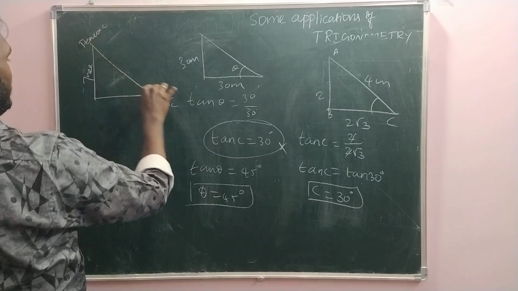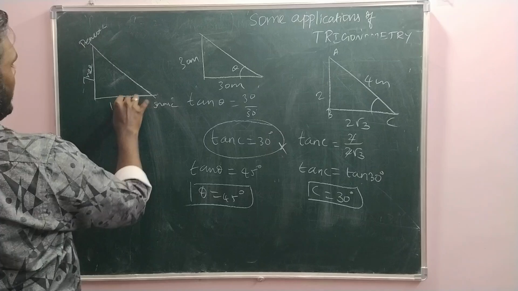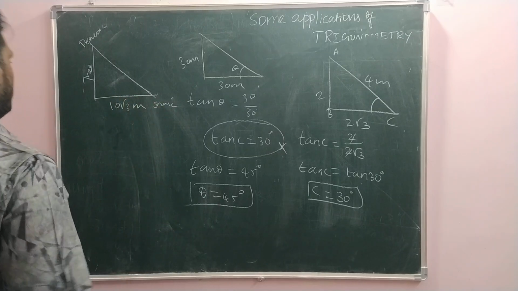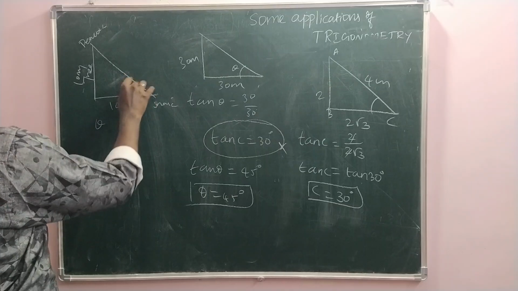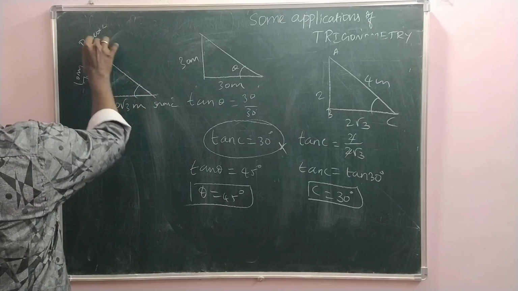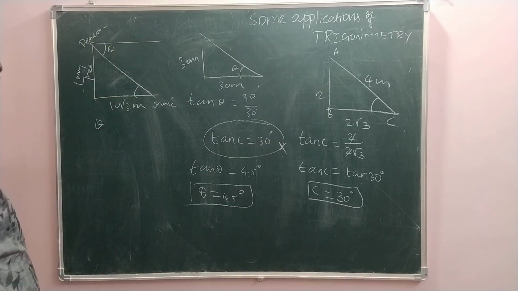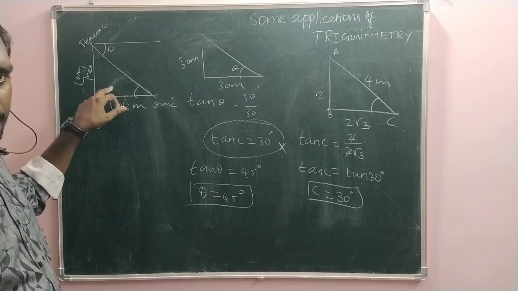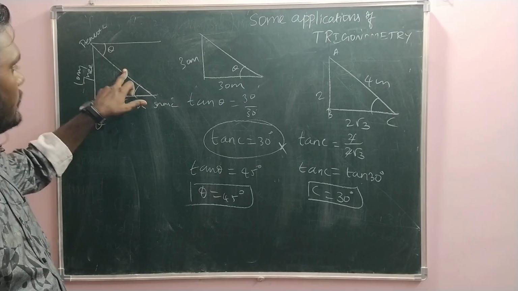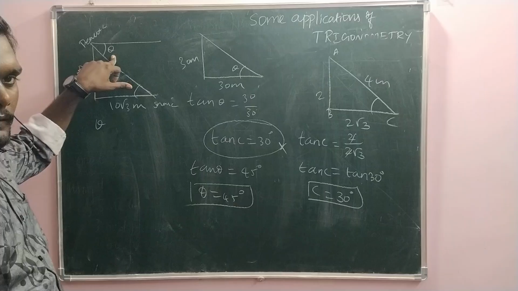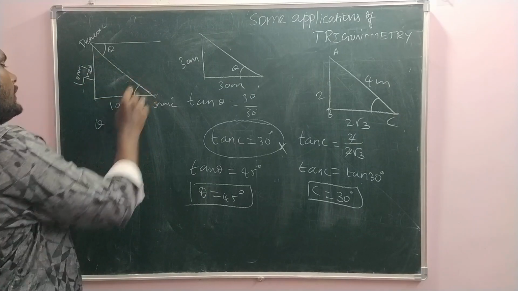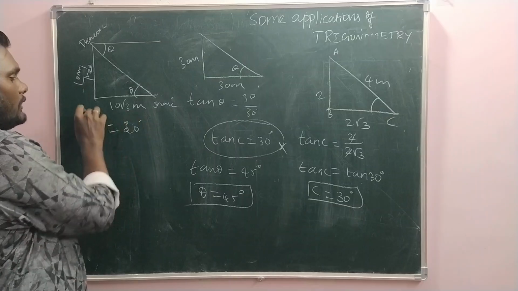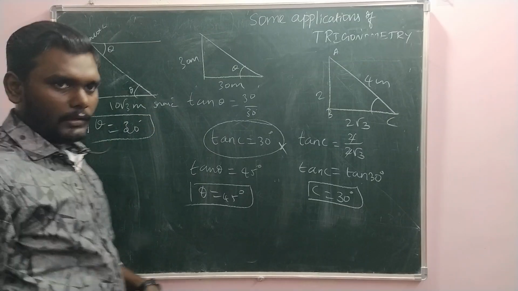This is the snake. The snake is 10 root 3 meters away from the foot of the tree. This is 10 meter. The angle of depression is from the eye of the peacock. We can't find this directly, so we will take this angle here because they are alternate interior angles. And then we can find theta becomes 30 degree again. Okay.